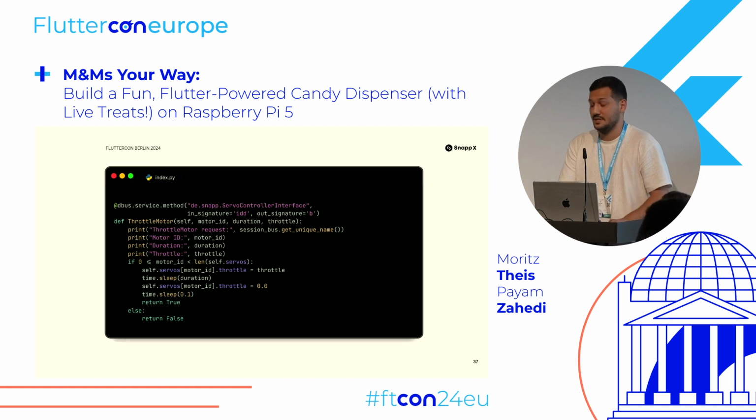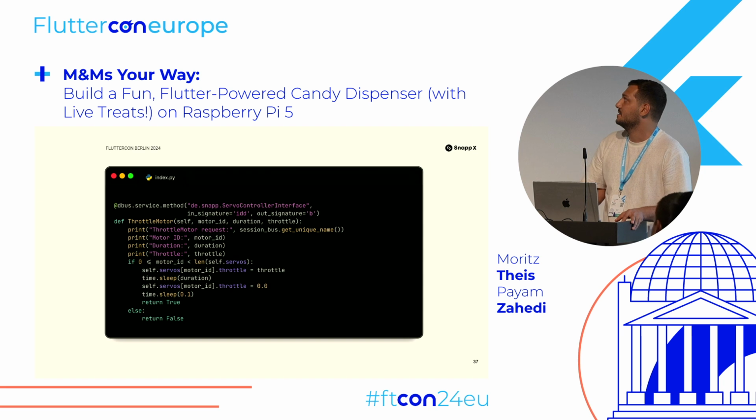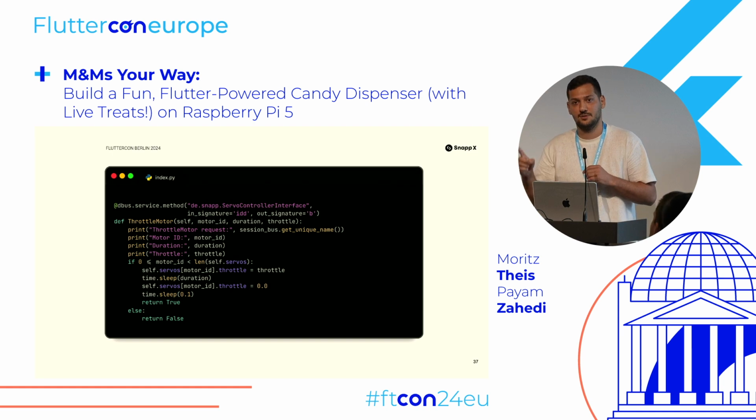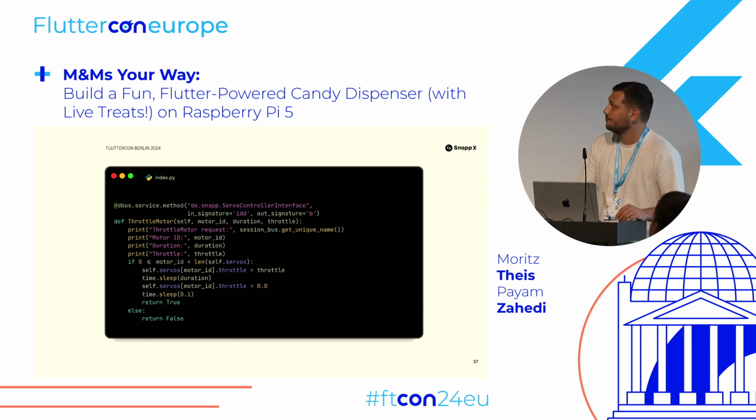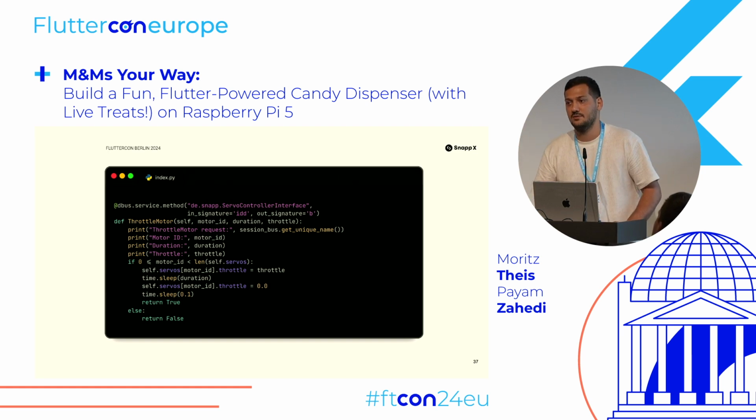The other method is related to throttle motor, and it gets a motor ID as a parameter, duration, and throttle. And basically, it turns the motor for a while, and after that, stops the motor. It is also annotated with the interface, and as you can see in in_signature and out_signature, we just define the type of parameters and return type that we have.